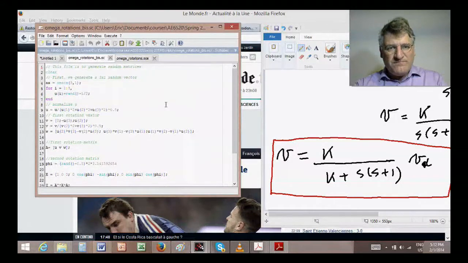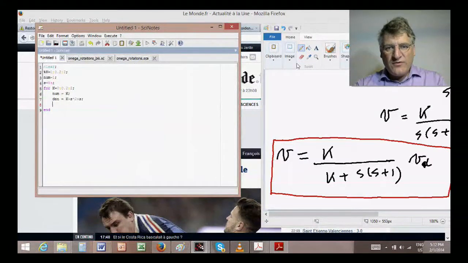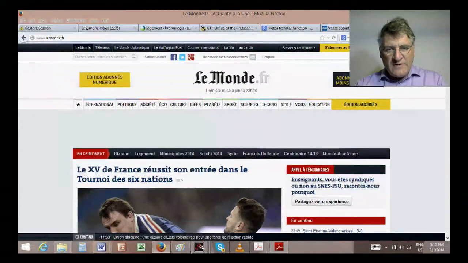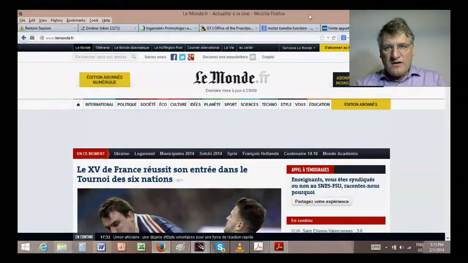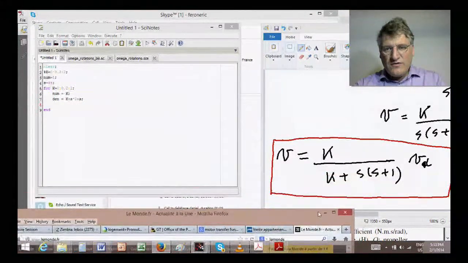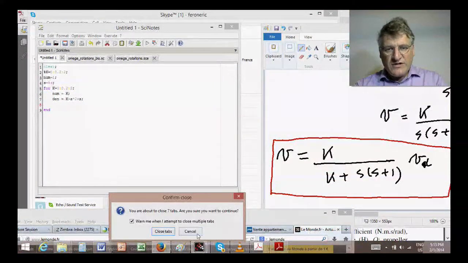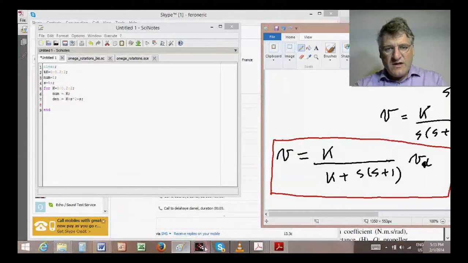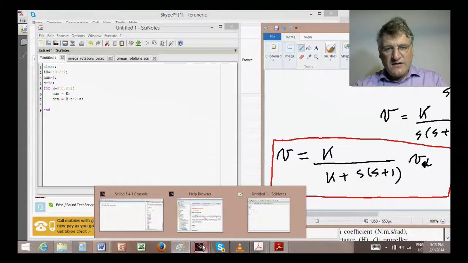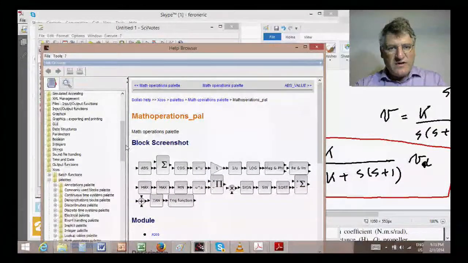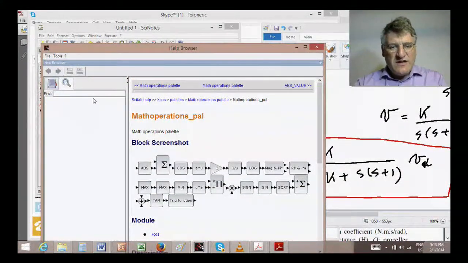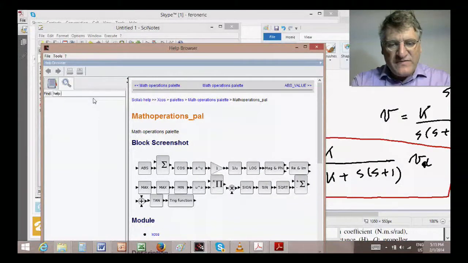So what we're going to do instead is go back to our function, go to the help file. Let me remove useless information, and go to help and ask help sysim.